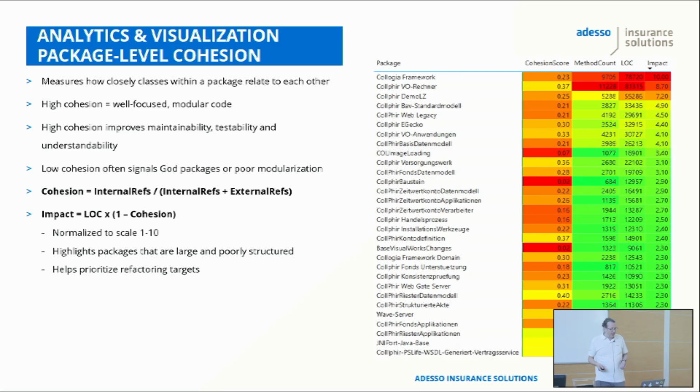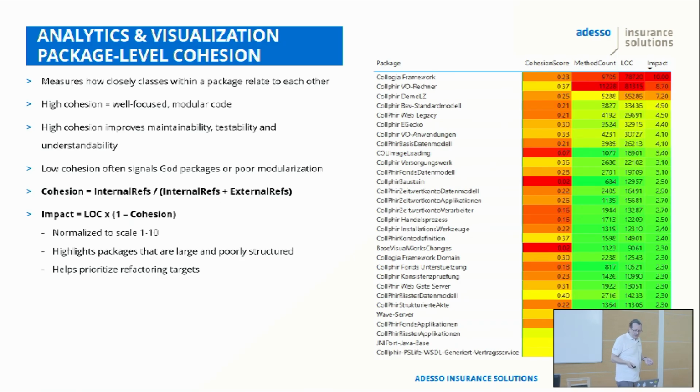A high cohesion package tends to be more focused, on a technical or a business domain, while packages with low cohesion tend to be more cluttered, all over the place. It's the same as with instability, it's not a good or bad thing. There might be packages that are low cohesion by design, so that might be fine, but we'll try to find out if there's something to look at to prioritize things.